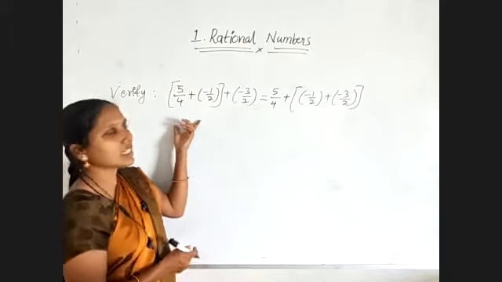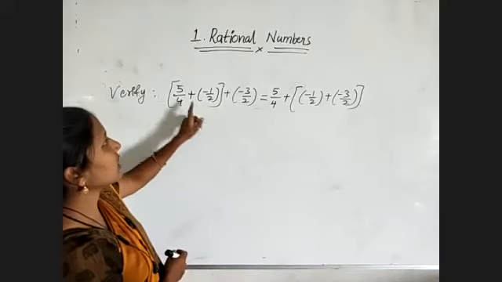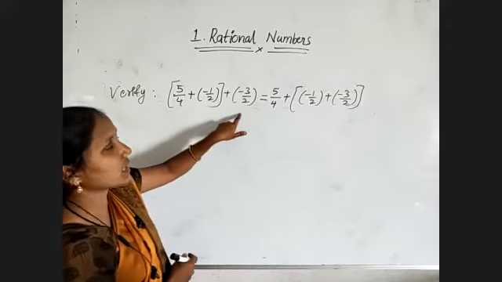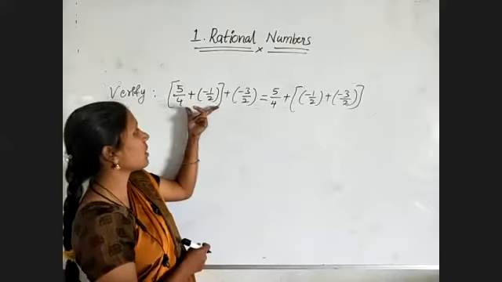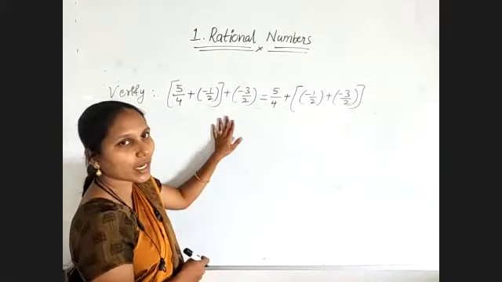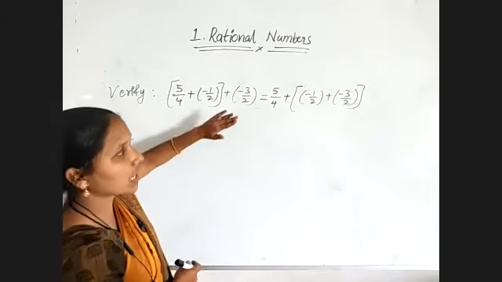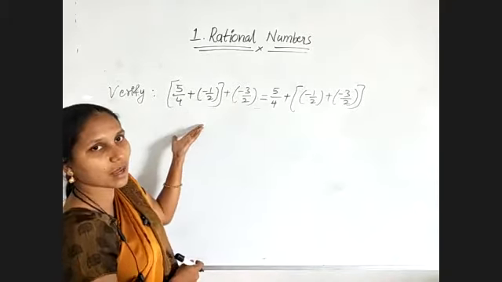And here just observe which property is used here. Observe, 3 numbers are there and the grouping is changed. Between them addition operation only. So it is the associative property. We are going to check whether this associative property is correct or not over addition by taking this example. That's all.